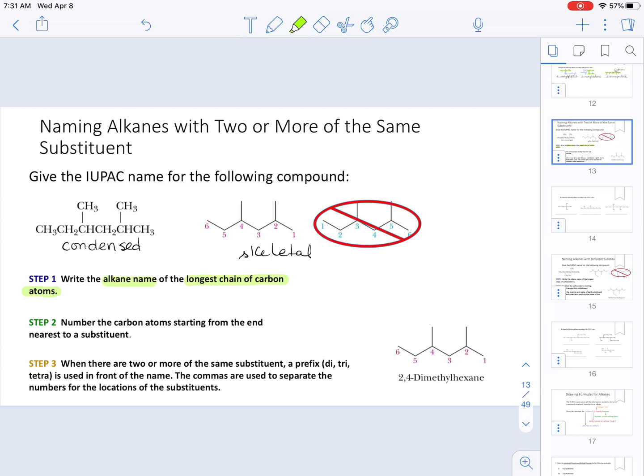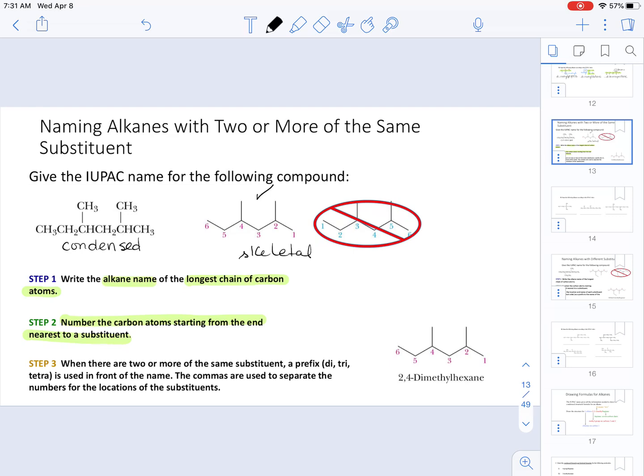Now, we can number this in the magenta arrangement or the blue arrangement. Remember, on step 2, we want to number the carbon starting from the end that is nearest the substituent. The magenta arrangement gives the carbon atoms the lowest substituent numbers. That's why the magenta arrangement is the correct one, okay? Because we will have those methyl groups on 2 and 4, and in the blue arrangement, they're on 3 and 5.